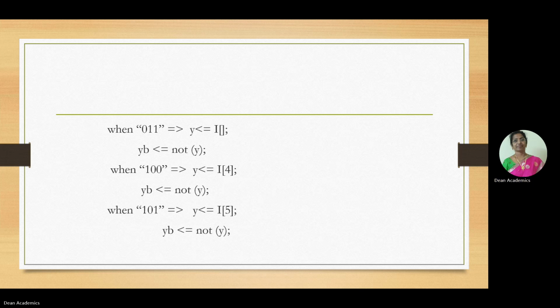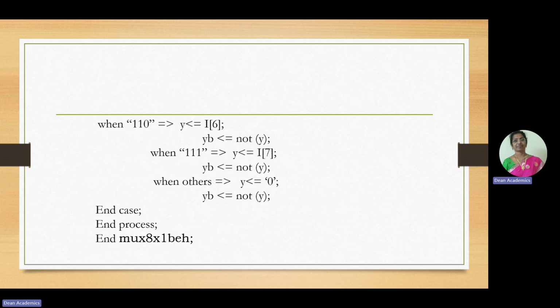That means when 011, output is I3 and Y bar is not of Y. Similarly, when 100, output is I4 and Y bar is not of Y. When select lines are 101, output Y is I5 and Y bar is not of Y. When select lines are 110, output Y is I6 and Y bar is not of Y. When select lines are 111, output Y is I7, Y bar is not of Y.